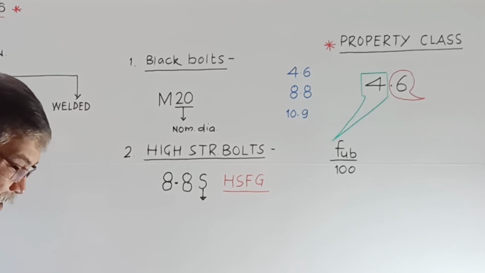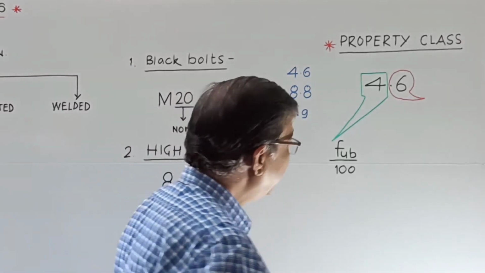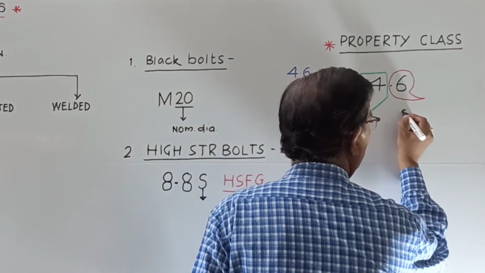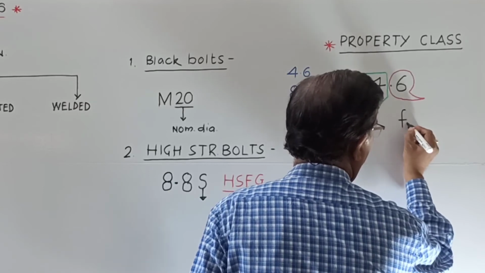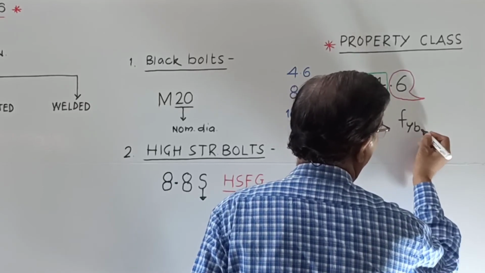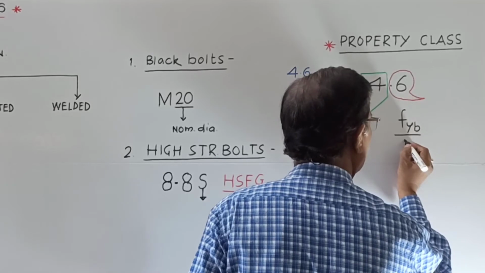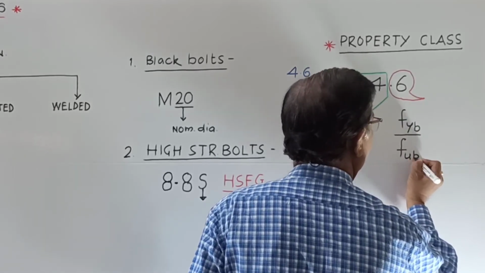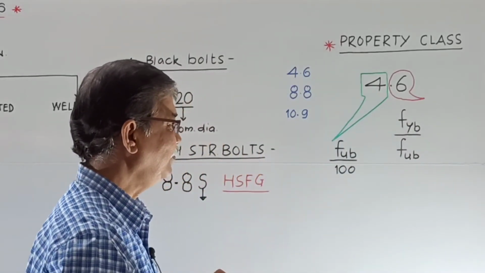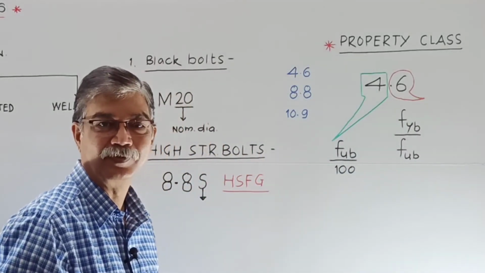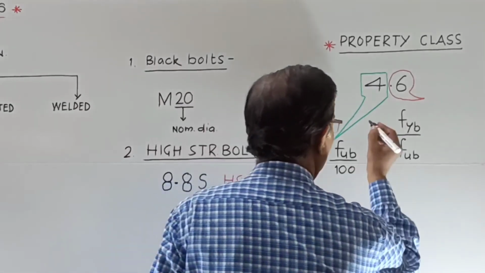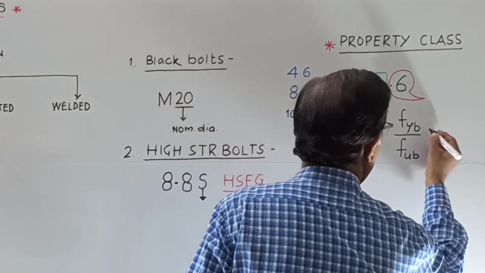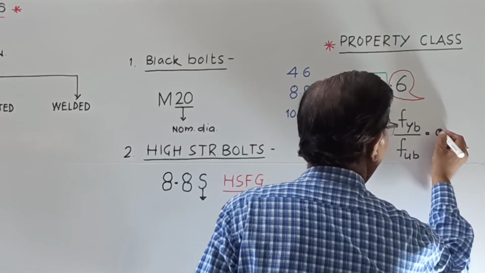Do you follow this? Now, what is the meaning of 0.6? It is the ratio of yield stress of the bolt to the ultimate stress of the bolt. So this is equal to 4 and this is equal to 0.6.